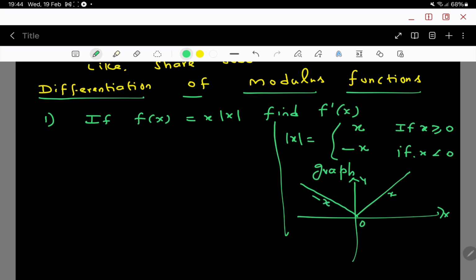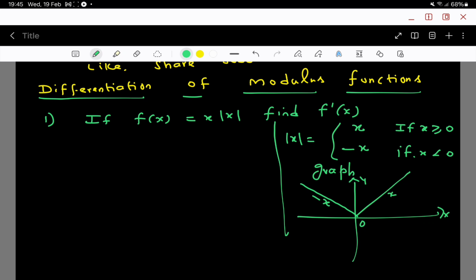This is the graph of mod of x. Mod of x is always a continuous function, but not differentiable at x is equal to 0, because left hand derivative and right hand derivative at x is 0 is not unique, is not same. Therefore, mod of x is not differentiable at the point x is equal to 0. Okay, note that.